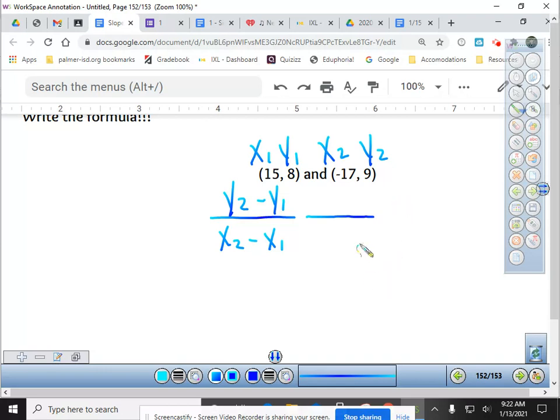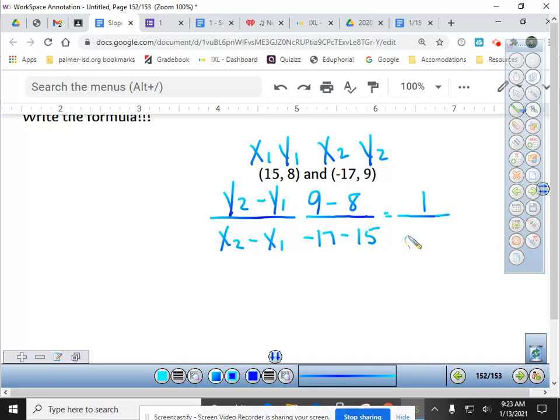Now, what's Y2? 9. Minus what's Y1? 8. What is X2? Negative 17. There you go. Minus what's X1? 15. Now from here we're good. What's 9 minus 8? 1. What is negative 17 minus 15?